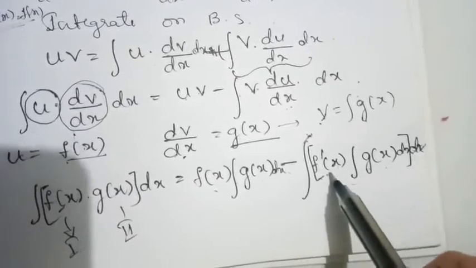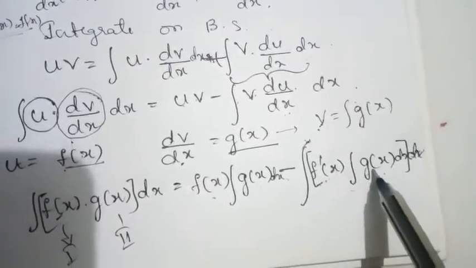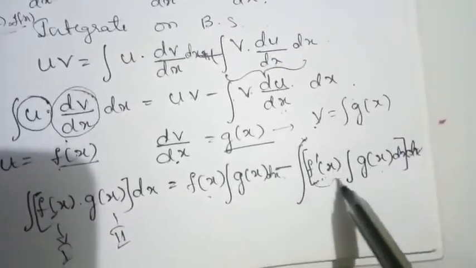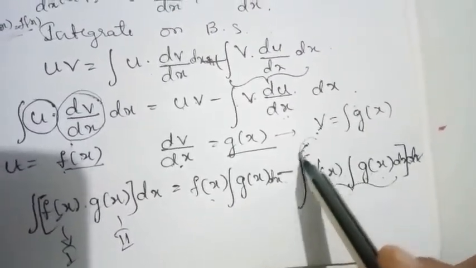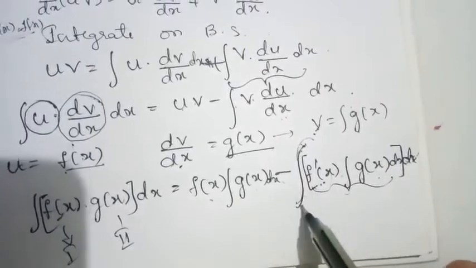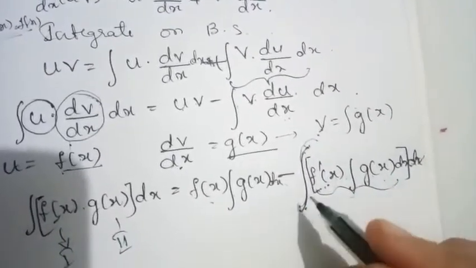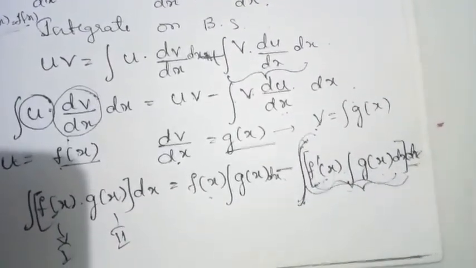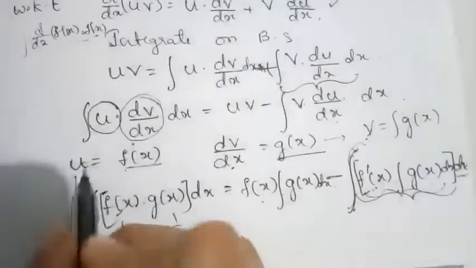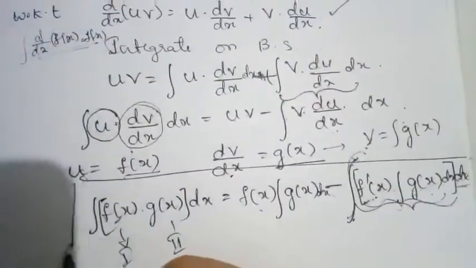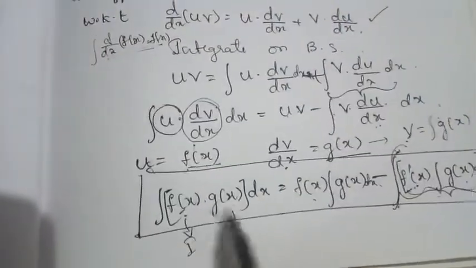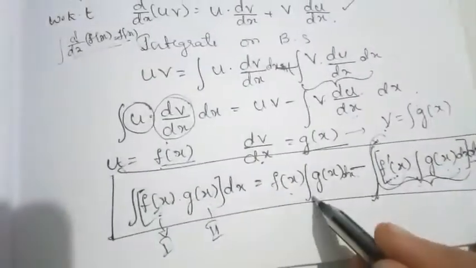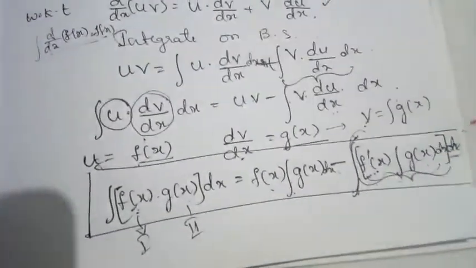After differentiating the first function and integrating the second function, multiply them and then integrate again. So this is the formula to find the integral of the product of any two functions. If they give any product of two functions, we use this formula.